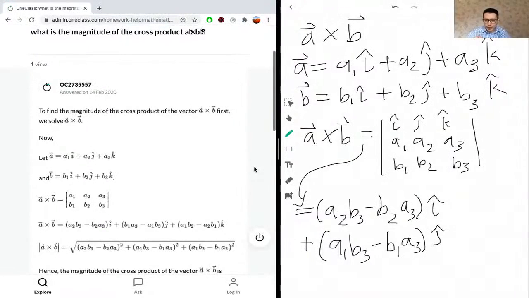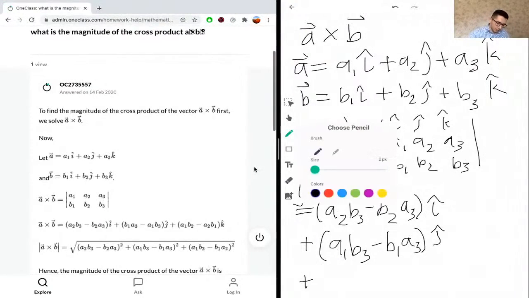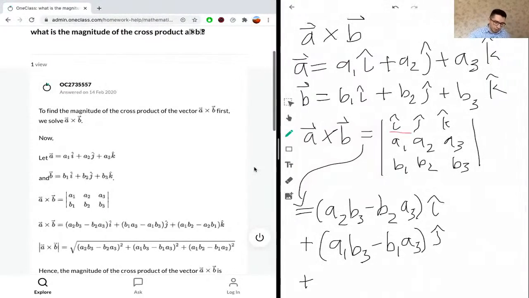And now we have the k component, the component of the vector in the z direction. We do the exact same thing again. We ignore the k column and look at everything else, and we do the cross, so A1 times B2 minus B1 times A2.